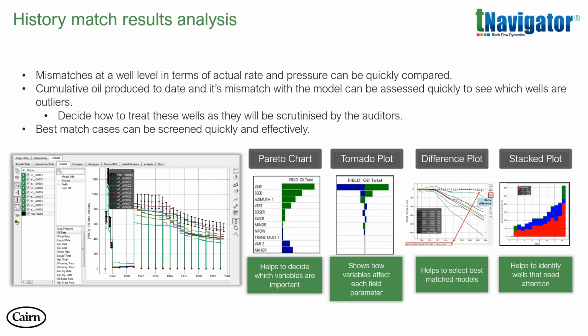Another thing is the bands of variance that you can put across your actual data and see which models fit within that band. Quite good to quickly narrow down upon the runs. There's also a difference plot here, and it helps you to select your best match models.